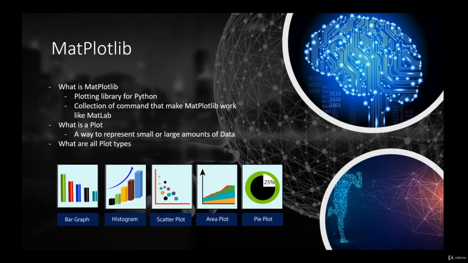For those who know MATLAB, this is, we can say, a free version of MATLAB that works with Python. It allows us to visualize data in form of plots, charts, graphs, or many other things, which is pretty cool in my opinion, since it's an amazing way for us to represent data.